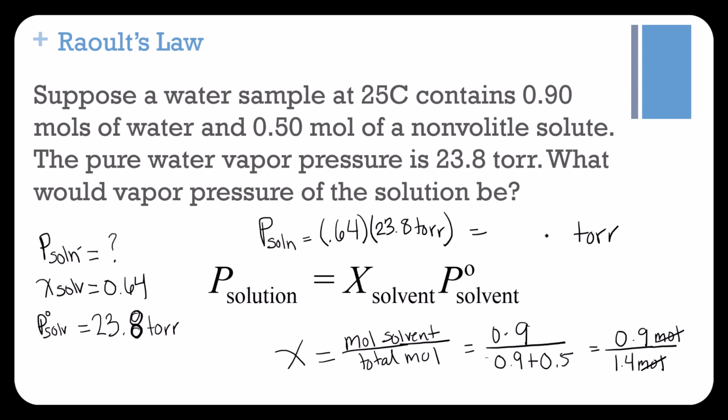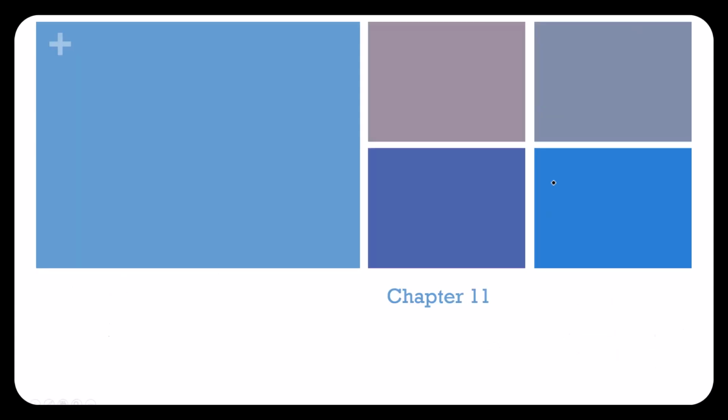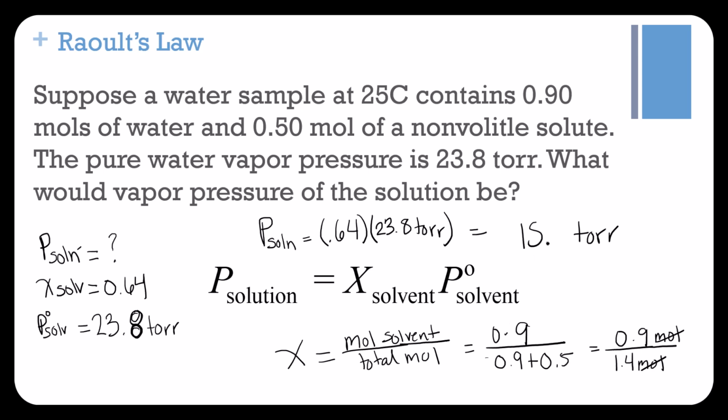So I'm going to take 0.64 times 23.8, and the new vapor pressure of this solution is 15.2. There we go, 15.2 torr.